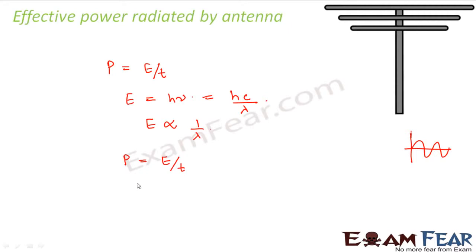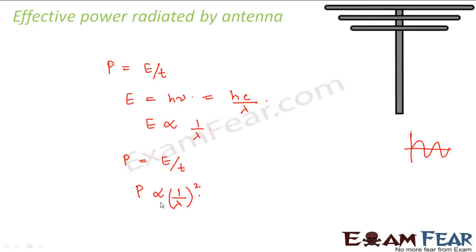So from this, we can say that power is directly proportional to 1 by lambda square. That is, power is inversely proportional to wavelength. Now, when I consider only the power and the wavelength, what do we see? The power radiated will be more when the lambda is less.